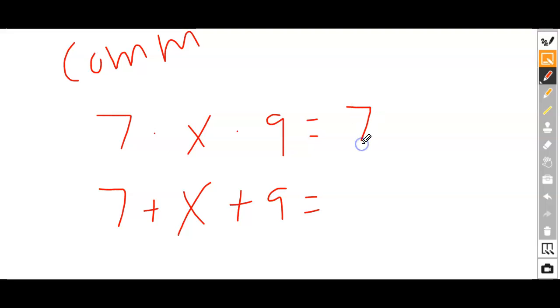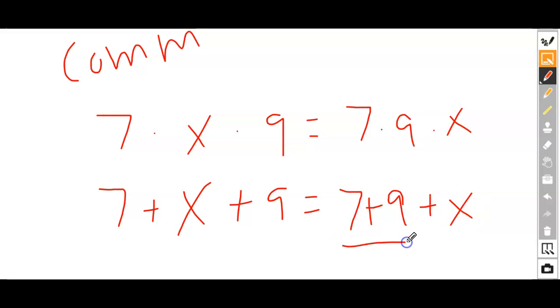So I could rewrite it as 7 times 9 times x. I could rewrite this addition one as 7 plus 9 plus x. Then I can put those together and simplify this expression a little bit. It only works with multiplication and addition, not subtraction or division.